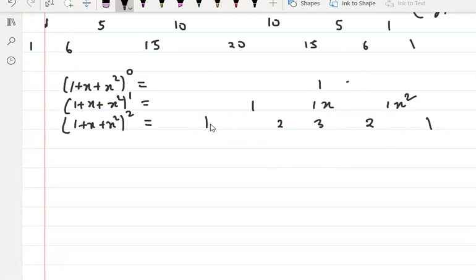This is 1, then try increasing power. This is x, then x squared, then x cubed, then x to power 4, because the highest power should always be x to power 4, yes or no?